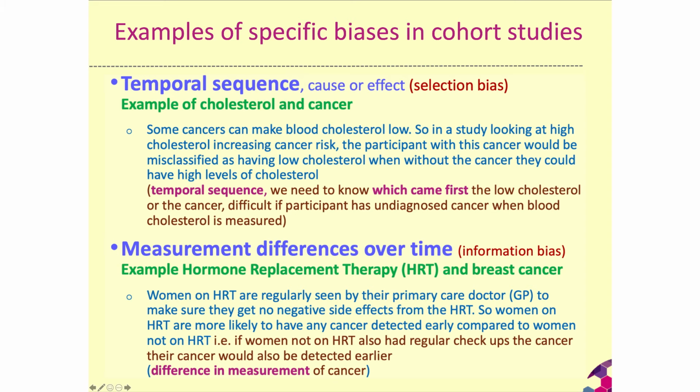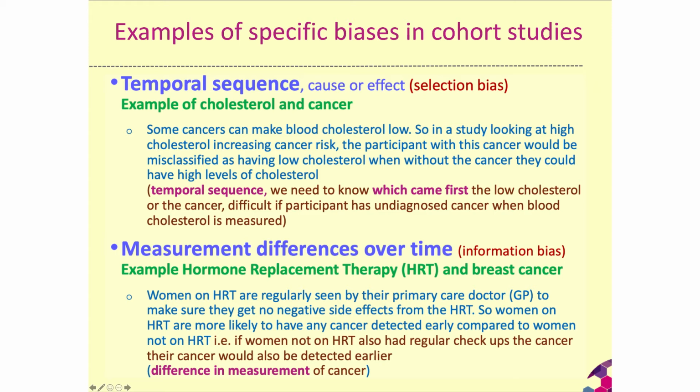Two other examples that might be useful for you to think about in terms of cohort studies and selection bias and information bias: for example, looking at a cohort study of cholesterol and cancer. Some cancers can reduce the levels of cholesterol in the blood as part of their effects on the body. The cancer itself is causing the low levels of cholesterol.